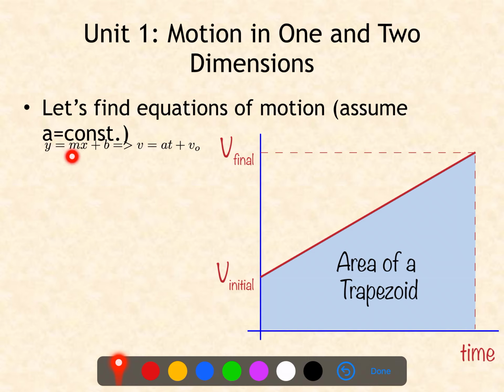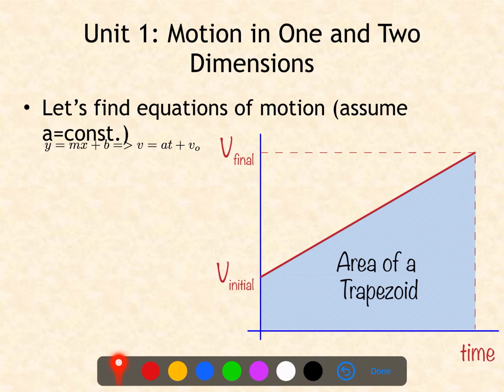So what is the slope of my line? Well, I already know that the slope in this case should be my acceleration rate. What is corresponding to x? Well, it's whatever's on the horizontal axis, in this case time. What is y equal to? Well, that corresponds to my y-axis or my vertical axis, so this is v. And the intercept b is going to be my initial velocity.